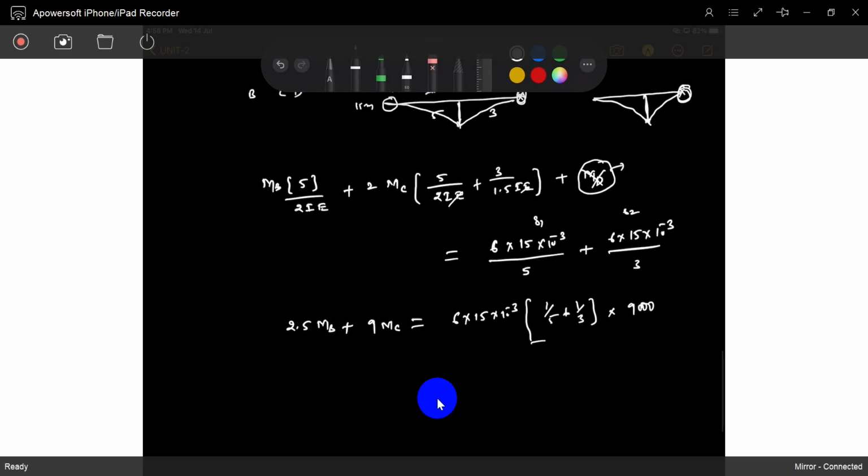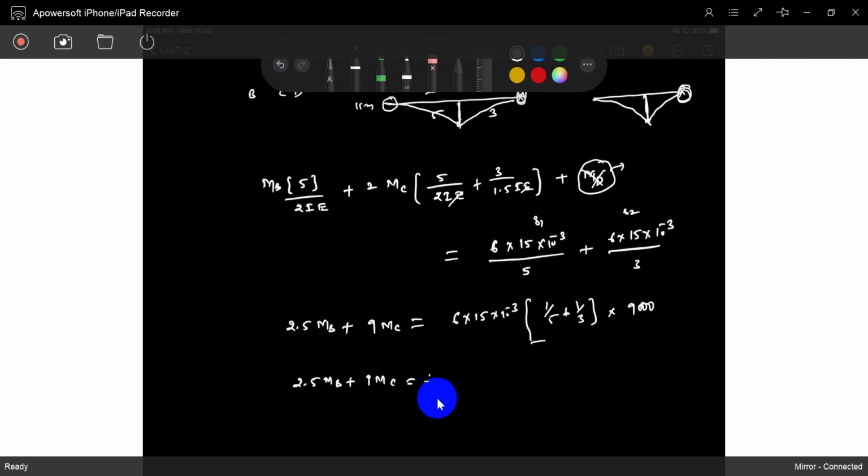So what is that value? 8 divided by 15, answer multiplied with 90, 48, answer multiplied with 9. So 432.